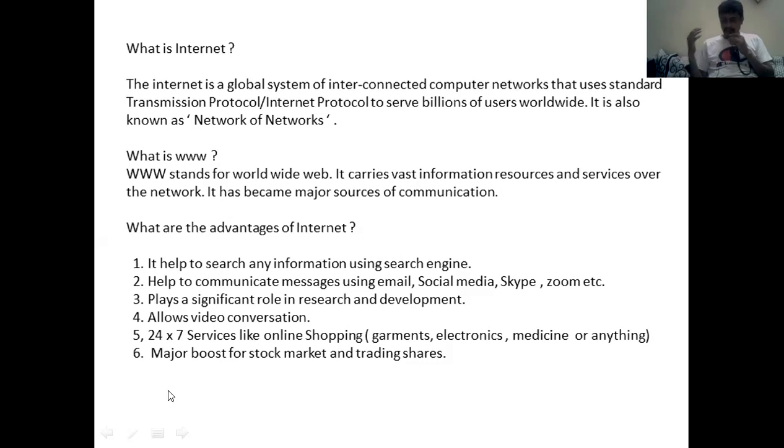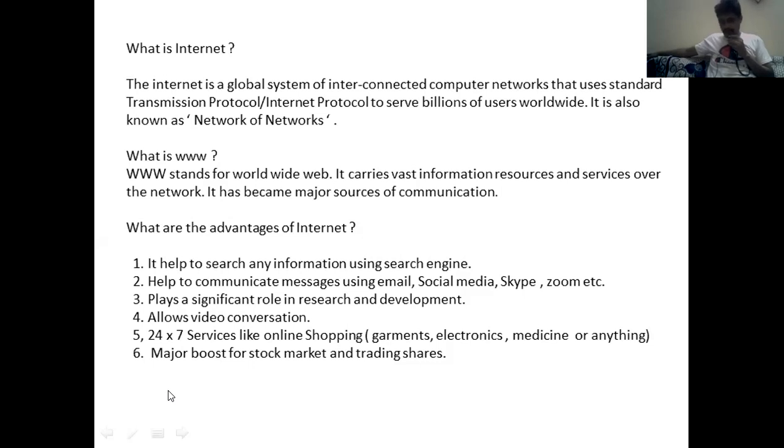This internet allows audio, video, text, and different things over the networks. When we share over the networks, we do so with the help of software or apps, maybe Skype, maybe Zoom.